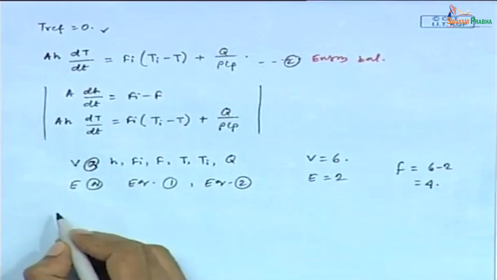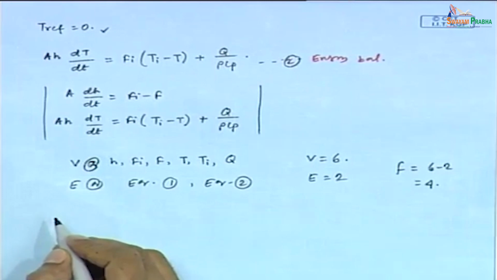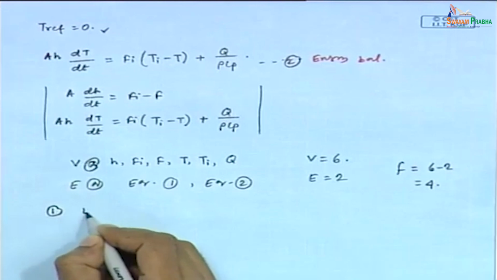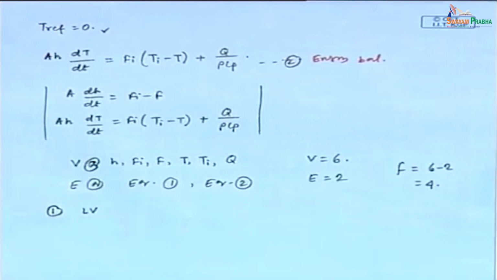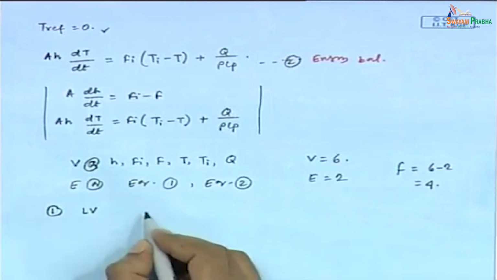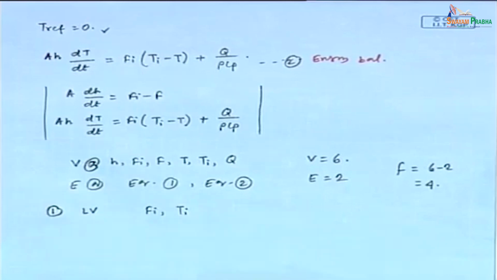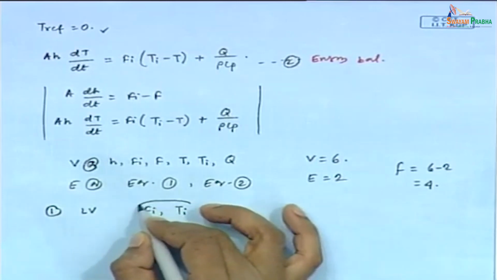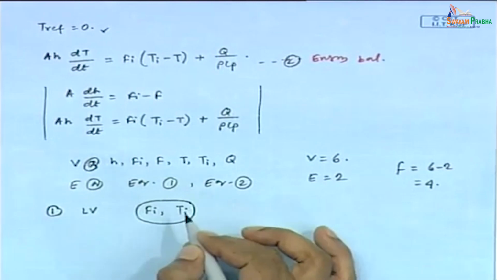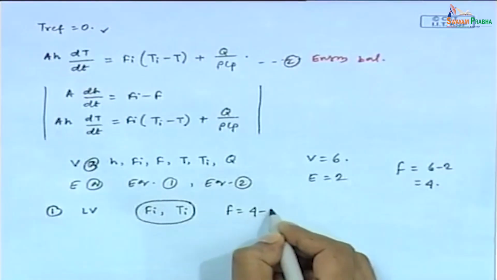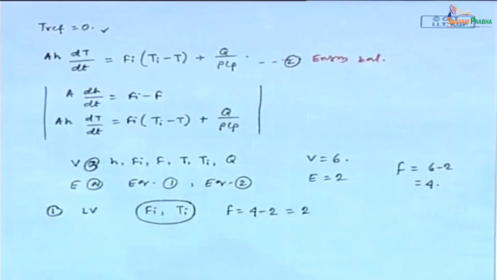We have discussed there are 2 ways to reduce the degrees of freedom. First option is we can specify some load variables. What are the load variables in this system? One is Fi, another load variable is Ti. So, if we can specify these 2 load variables, then the degrees of freedom reduces to 4 minus 2, that is 2.